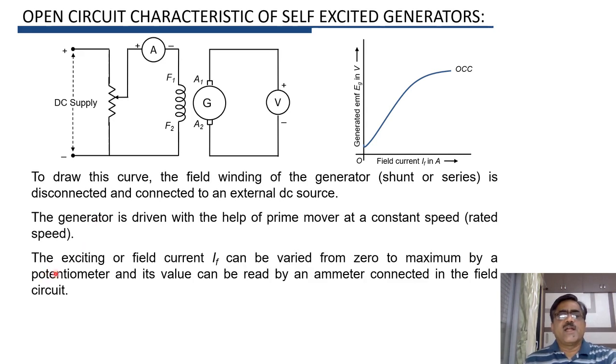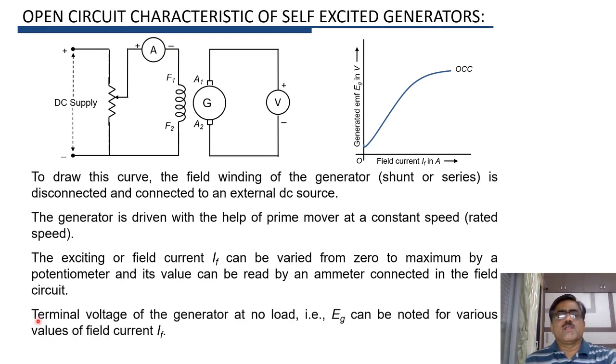Now the exciting current or field current flowing through the field winding, IF, can be varied with the help of this potentiometer. The current flowing through the field winding IF can be read with the help of this ammeter, which is connected in series with the field winding.